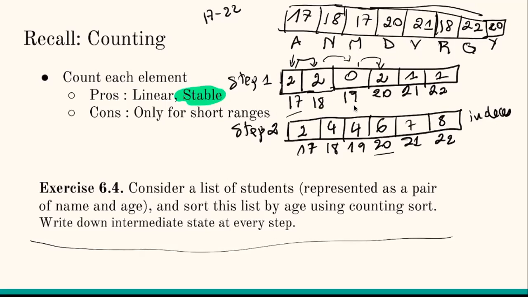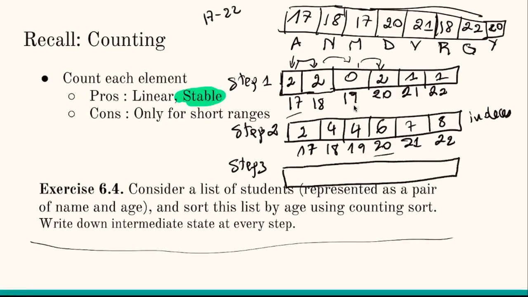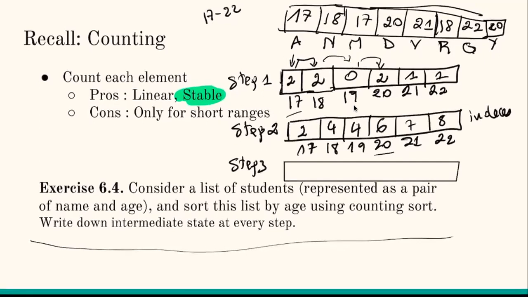So now we need to output the sequence. Step 3, we need to output the sequence. How many do we have? 1, 2, 3, 4, 5, 6, 7, 8. So you create the output array of the same size. So we have 1, 2, 3, 4, 5, 6, 7, 8.